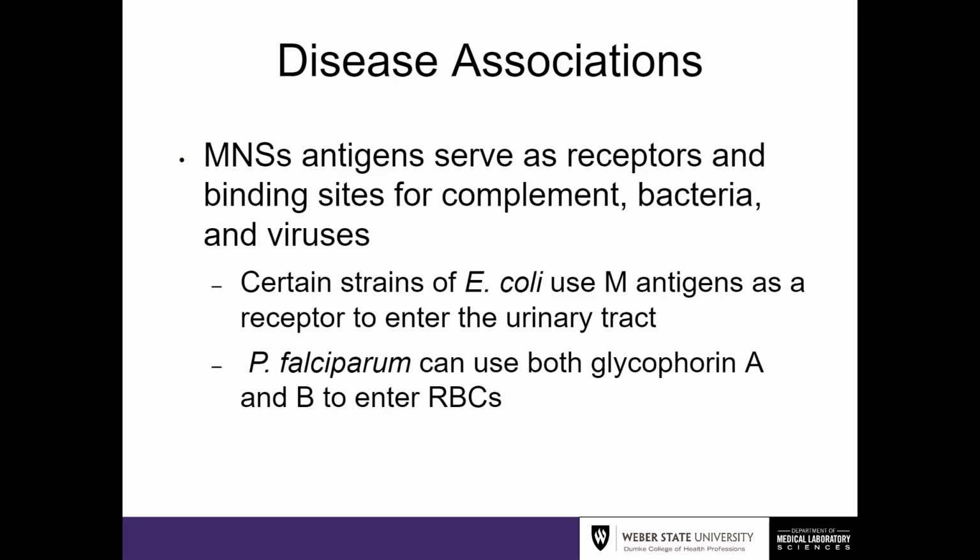Plasmodium falciparum can also use both glycophorin A and glycophorin B as a receptor and binding site in order to enter red blood cells. Now, this could cause a problem in malaria endemic areas for any person with these glycophorins, which is nearly everybody.